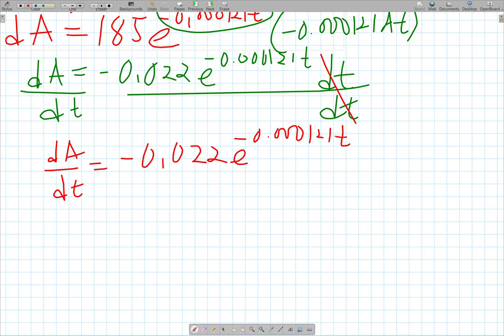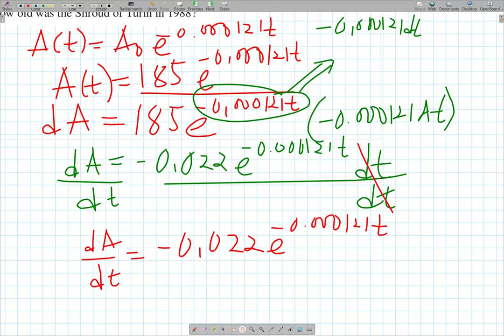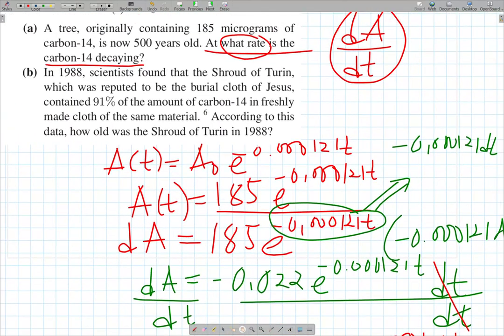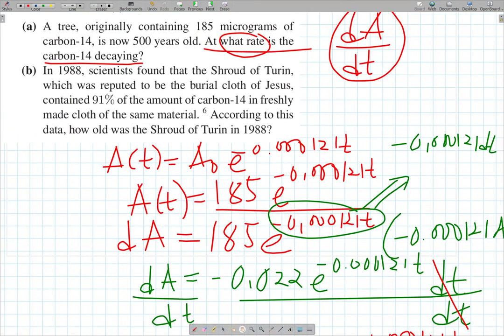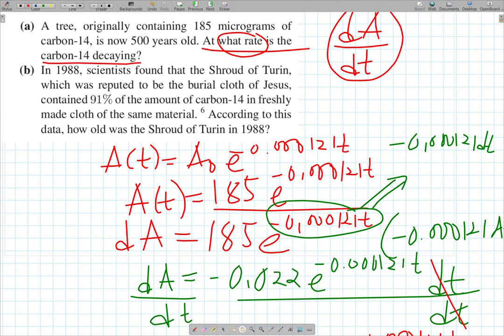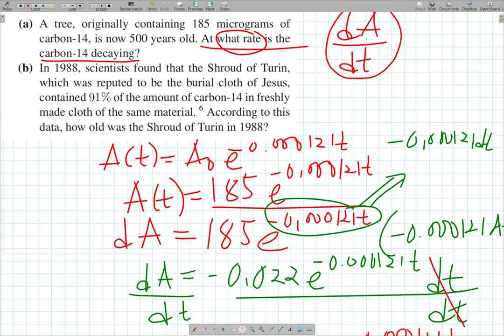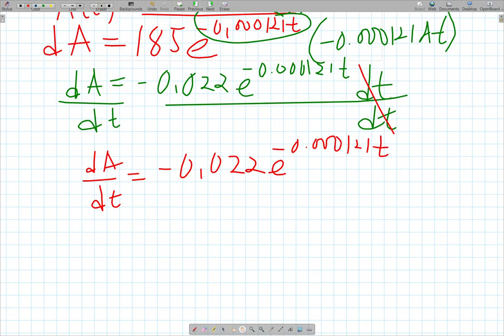0.0000121 T. Alright, so he's asking for what? Ulitin natin ang tanong. A tree originally containing 185 micrograms of the carbon 14 is now 500 years old. At what rate? So meaning our T is 500. So we just substitute it. Now T is equals to 500 years.